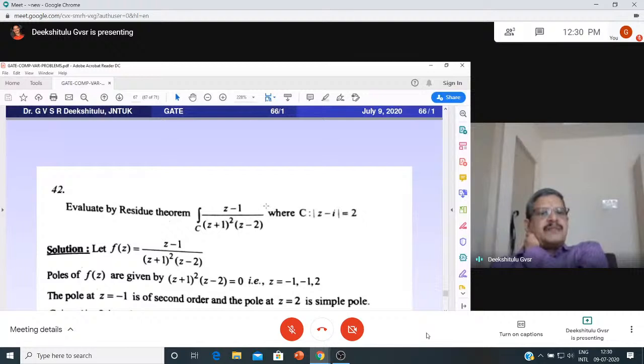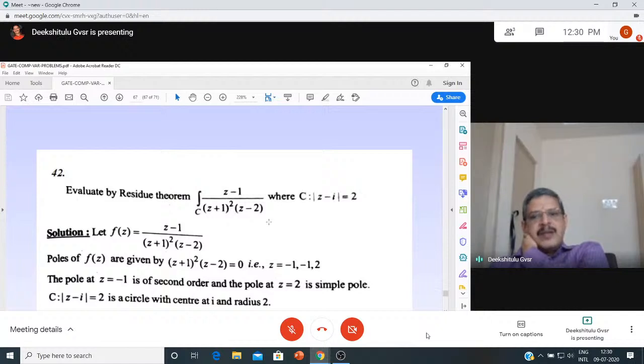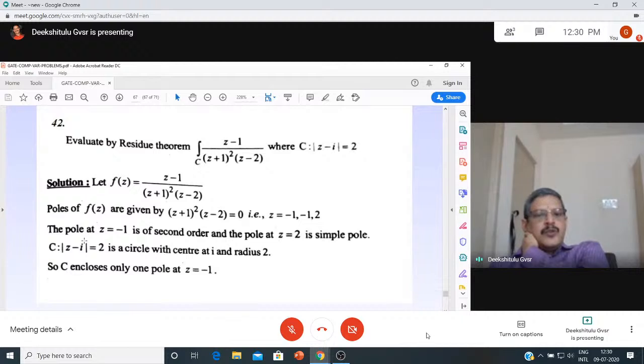Let us see some integration problems. The integral over C of z minus 1 by z plus 1 whole square into z minus 2, where C is mod z minus i. The poles are z is equal to minus 1 of order 2, and z is equal to 2, a simple pole. C is a circle with center i and radius 2. So C encloses only the pole at z is equal to minus 1.